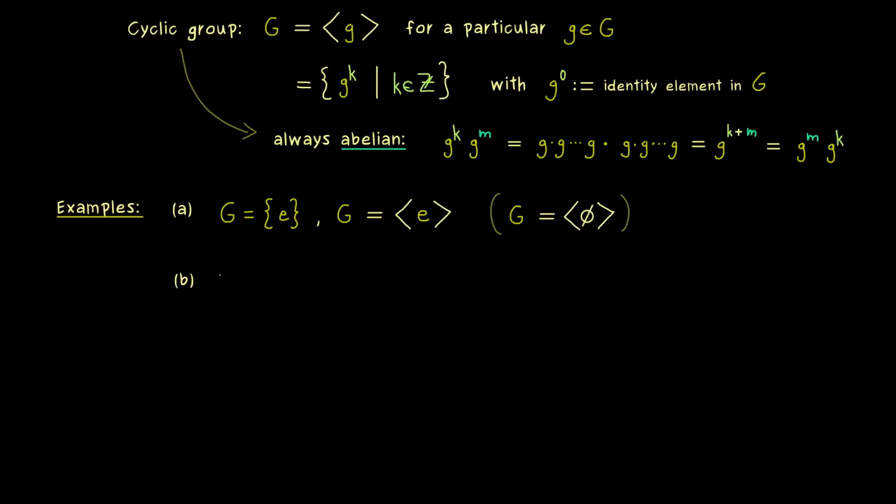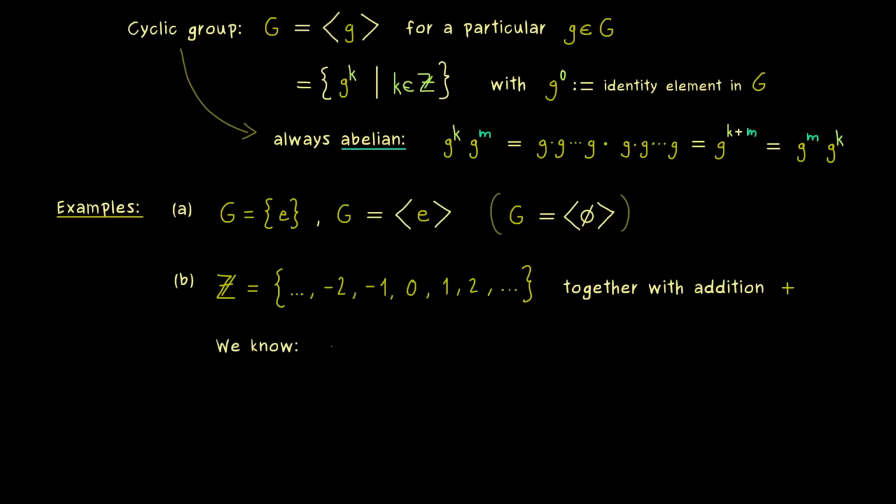Hence, let's immediately go to more interesting cases, namely the integers Z. And there we know that the integers form a group together with the ordinary addition. And now the question is, how many elements do we need to generate the whole group Z? And there I don't have to tell you that when you start at 0 and you add 1 again and again, you get all the positive numbers.